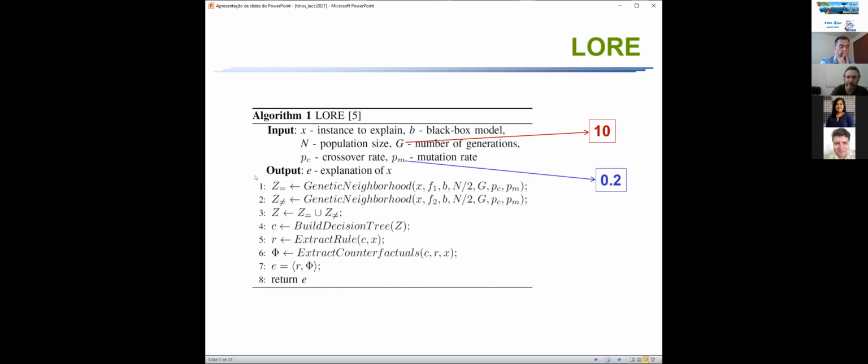Then we get these two artificial data sets and train the decision tree. And finally, we extract the rules to explain the decision tree and the counterfactuals.